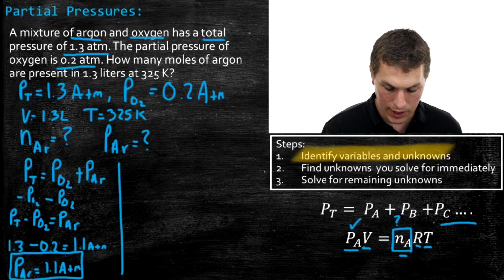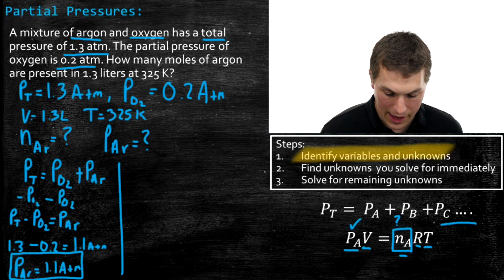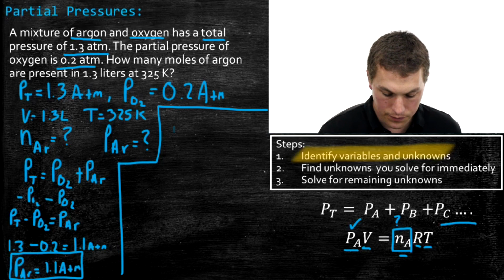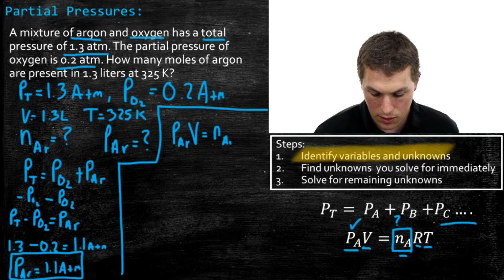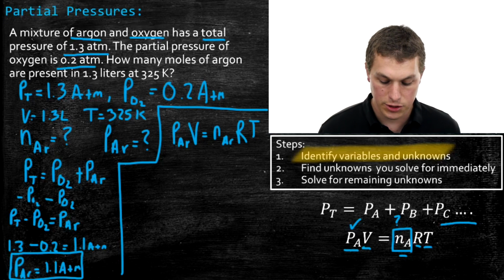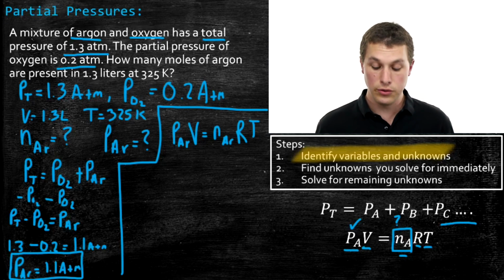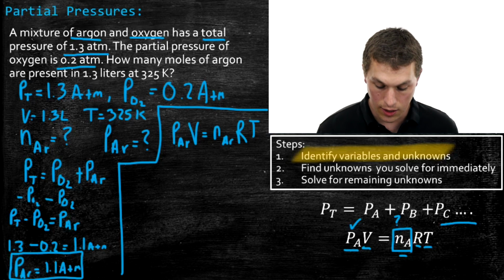And that's what I'll do right here. So we know that if I have the partial pressure of argon, and I multiply that times the volume, that'll give me my moles of argon times the gas constant times temperature. And the temperature, remember, is in Kelvin. So what I need to do here to solve for moles of argon is divide both sides by RT.